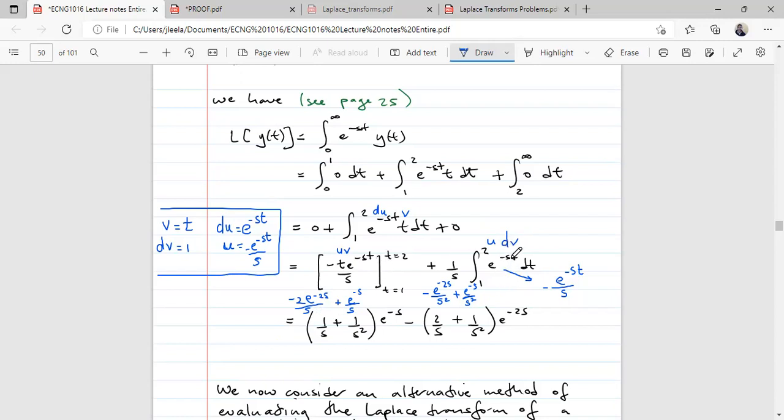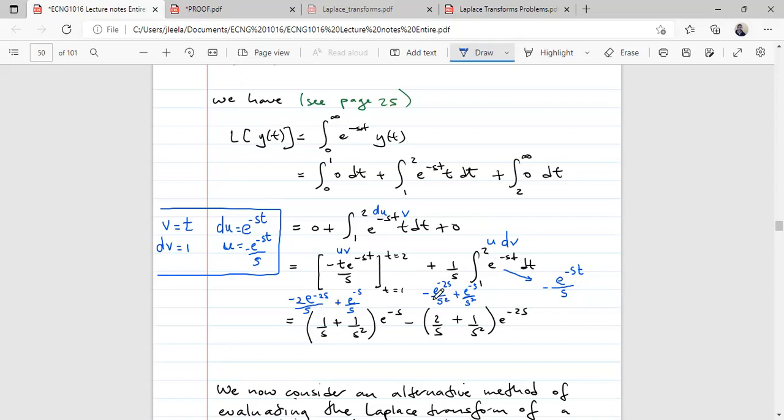When I integrate e to the minus st, I'll get minus e to the minus st over s, right? And then I have to plug in the limits here, right? 2 and 1. So I'll get minus e to the minus 2s over s, and I'll multiply it by another s on the outside.